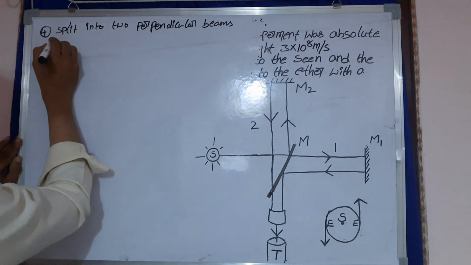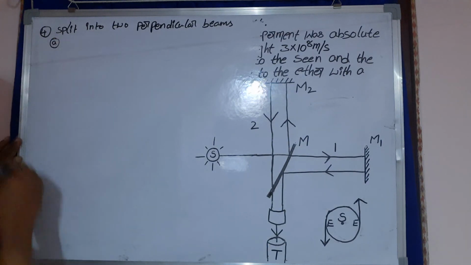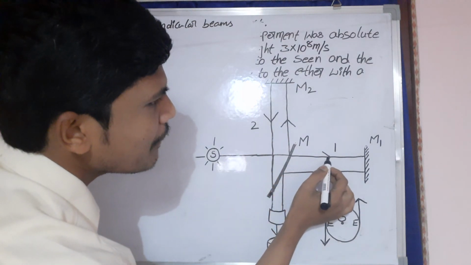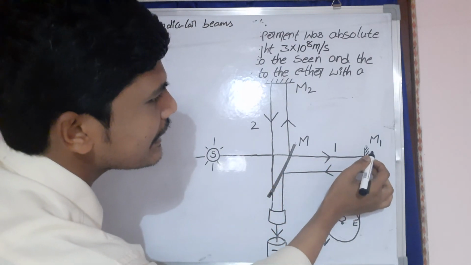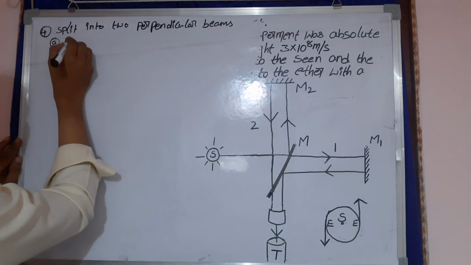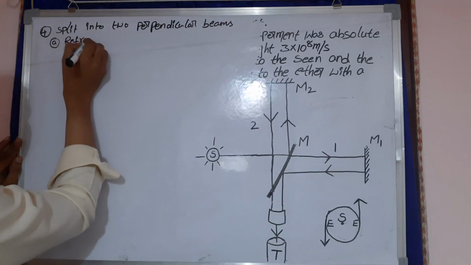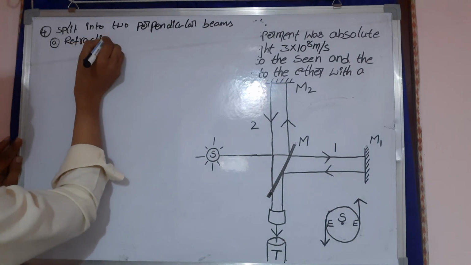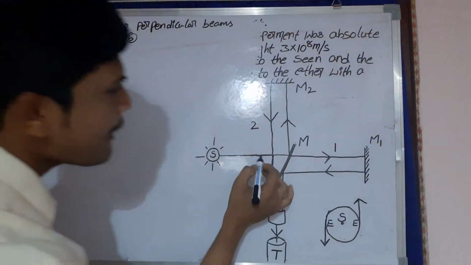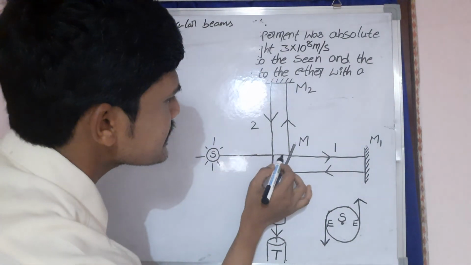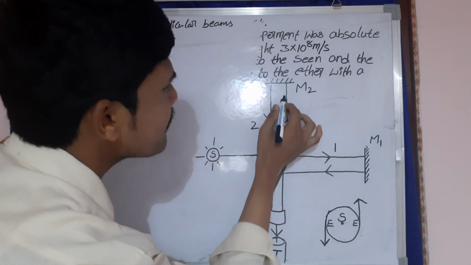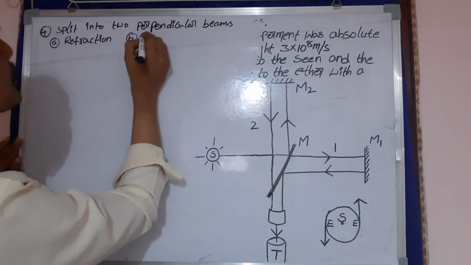The first beam travels to mirror M1 by refraction. The second beam is reflected to mirror M2.